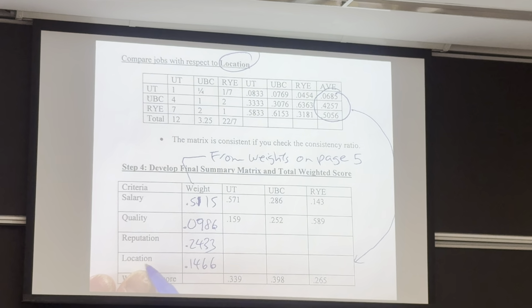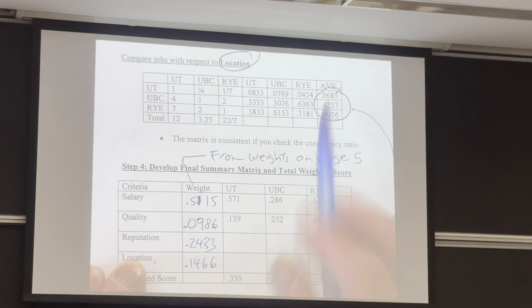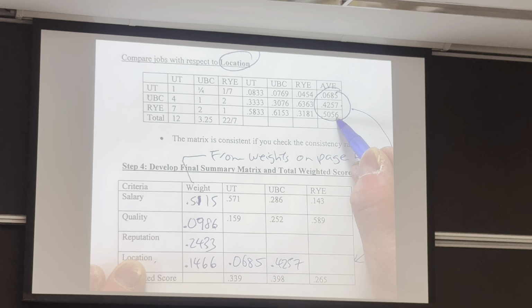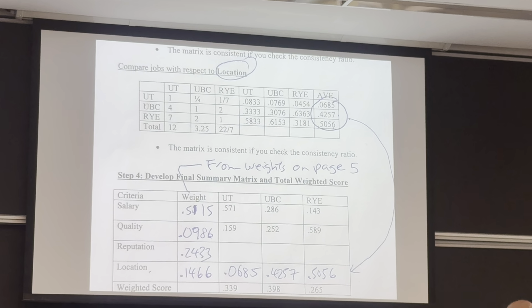In terms of location, the rating for U of T is 0.0685, the rating for UBC is 0.4257, and the rating for Ryerson is 0.5056. So we use those averages to populate the summary ratings table here.